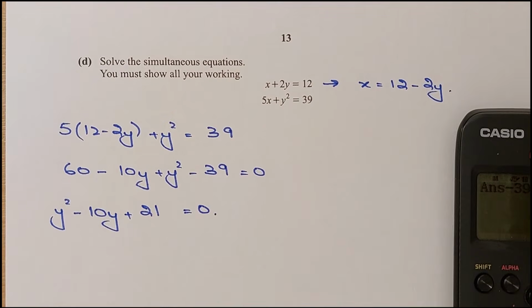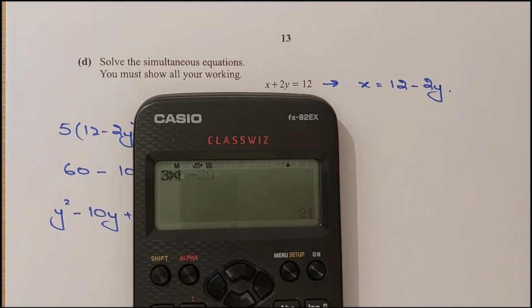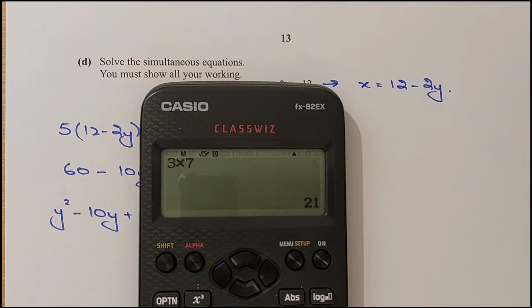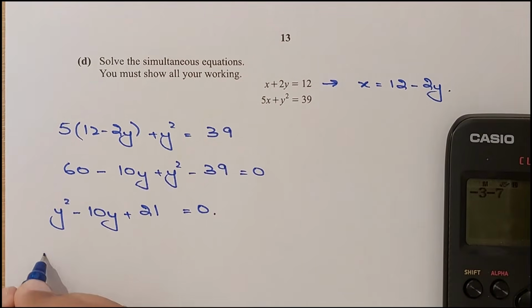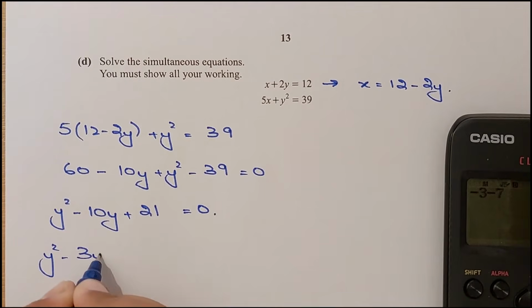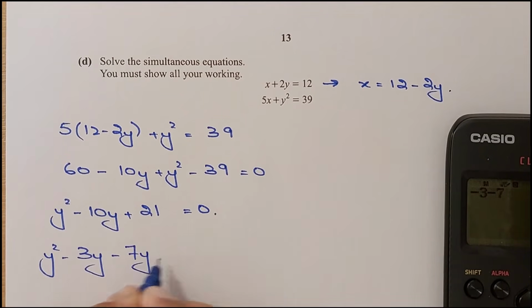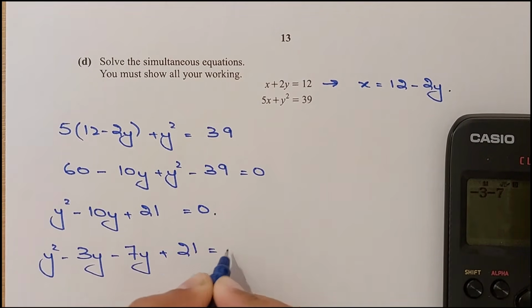So we have a quadratic equation in y. We can factorize this. We have 21, and 3 times 7 is 21 and minus 3 minus 7 is minus 10, right? So y square minus 3y minus 7y plus 21 equals 0.